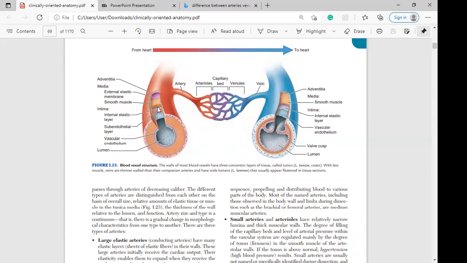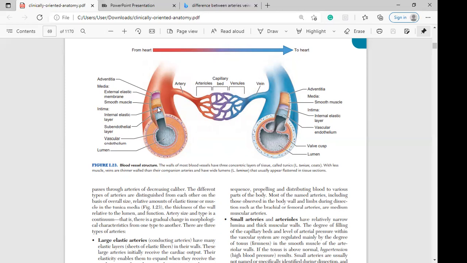Now, this is histology. They're going to ask you what the three parts of the Tunica Intima are. So the three parts of the Tunica Intima are the vascular endothelium, the subendothelial layer, and the internal elastic layer.